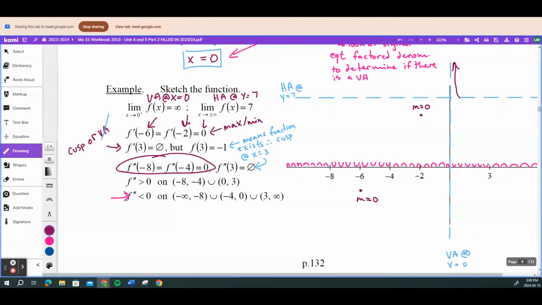So I'm going to do my best to draw a straight line at x is equal to -8. And then make sure my end behavior does not cross that horizontal asymptote.